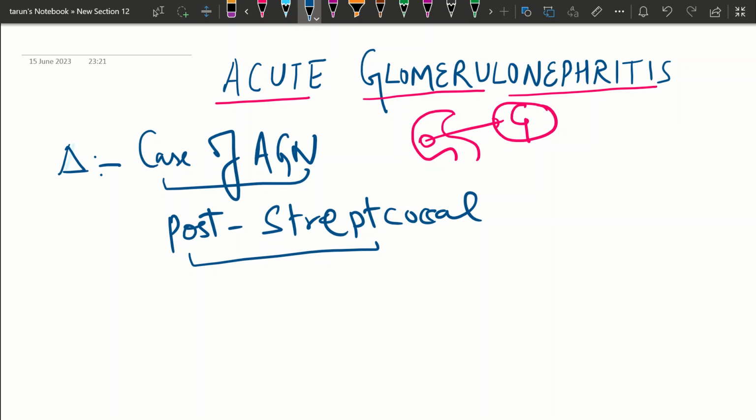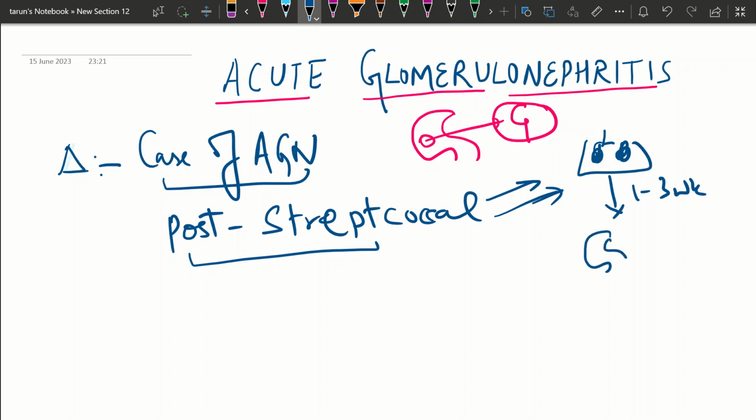What happens is there is an infection caused by this bacteria, streptococcus, which first infects our tonsils or pharynx, and after a period of say 1 to 3 weeks it involves our kidney to cause acute glomerulonephritis.